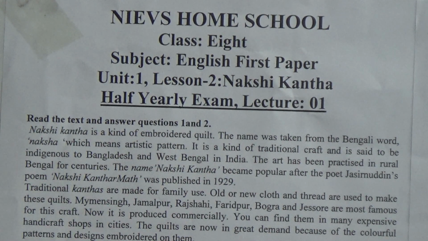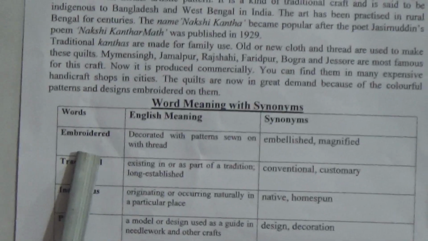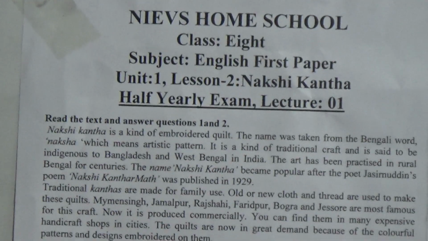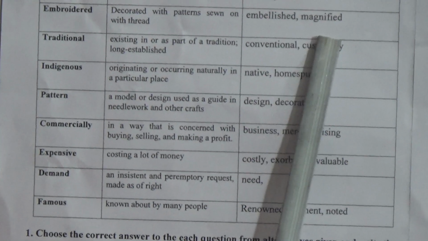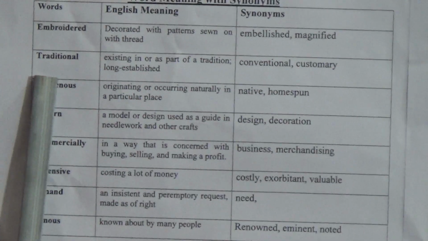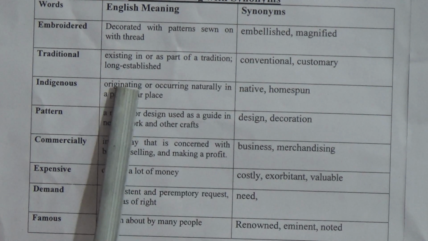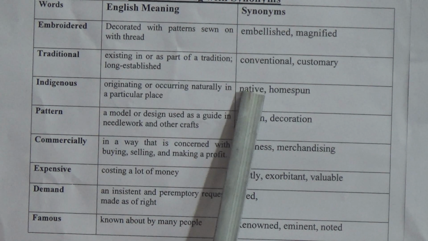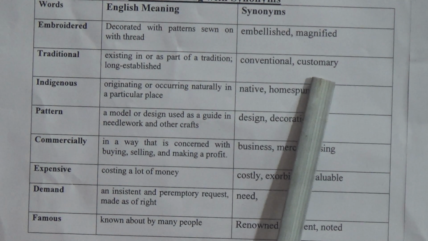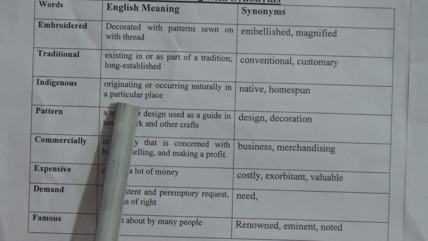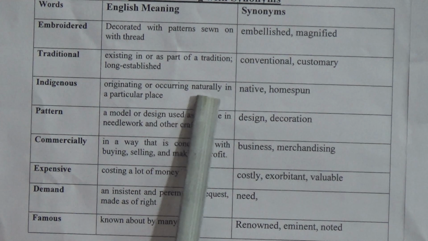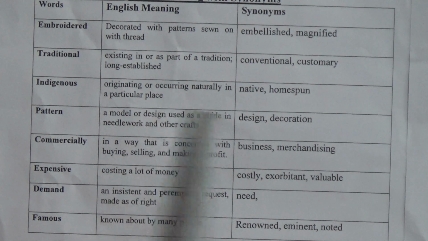Let's see the words' English meanings and synonyms. Embroidered: decorated with patterns, sewn with thread. Synonym: embellished. Traditional: existing in or as part of a tradition, long established. Synonyms: conventional, customary. Indigenous: originating or occurring naturally in a particular place.